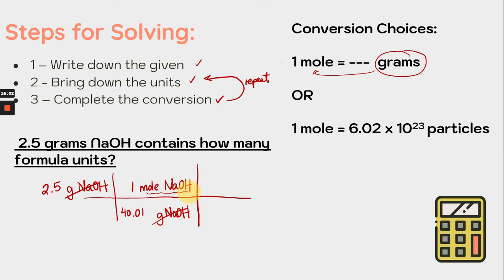I bring these units down. And then I go back up to my list and I pick again. I have moles on the bottom. I'm not going to turn it back into grams because that'll undo the work I just did. But I have moles on the bottom, and I could change it now to Avogadro's number of particles. So that is what I'm going to do. Okay, so what's different here?